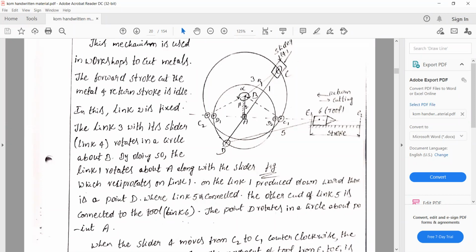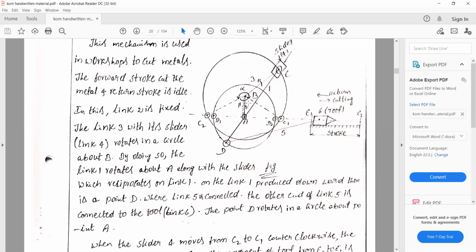In this triangle, which values are known? AB is known and BC is known. From the angle point of view, up to C1 to C2 the angle is alpha, and the bottom portion is beta.